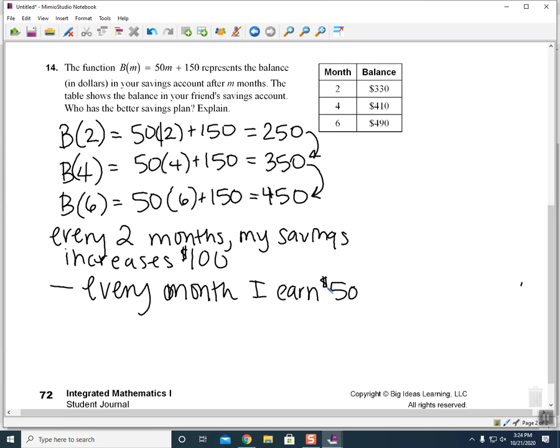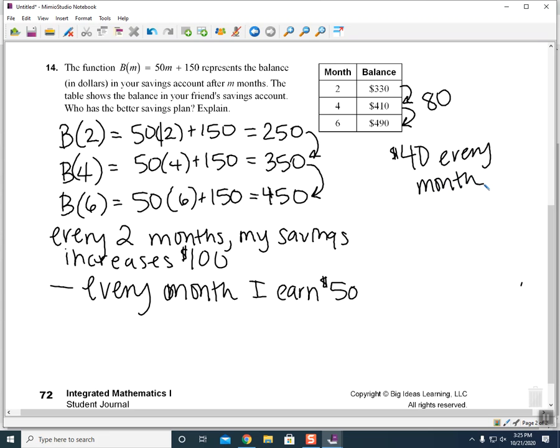Well, if I look at my friend's, I go from 330 to 410, 410 to 490. I'm going up $80 every 2 months, which means that I'm going up $40 every month. So they're making $40 every month.